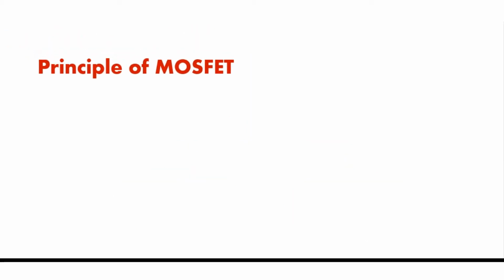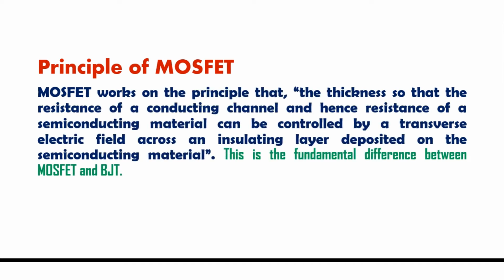Now, what is the principle of MOSFET? On which principle does this metal oxide semiconductor field effect transistor work? MOSFET works on the principle that the thickness, and so the resistance, of the conducting channel can be affected, and hence the resistance of a semiconducting material can be controlled by a transverse electric field across an insulating layer deposited on the semiconducting material.